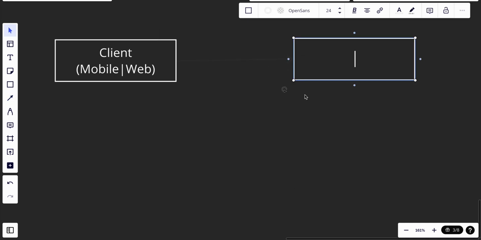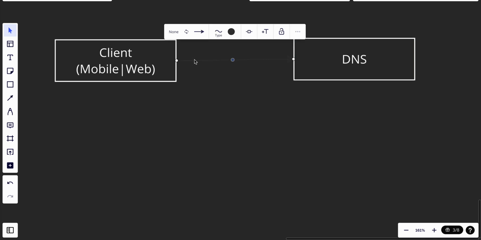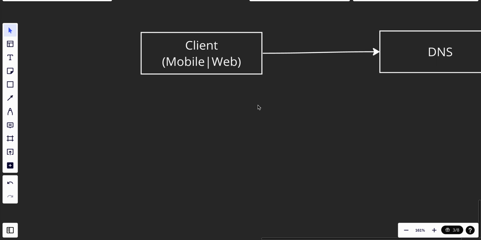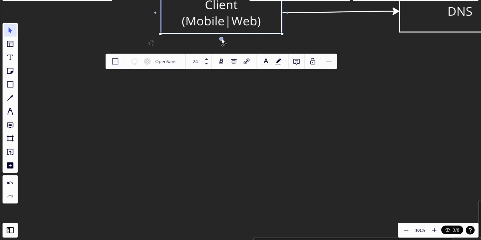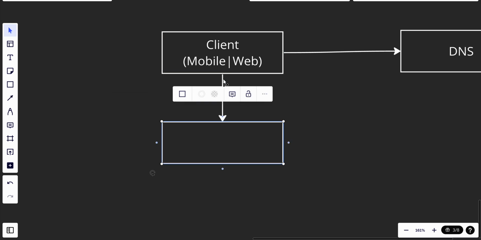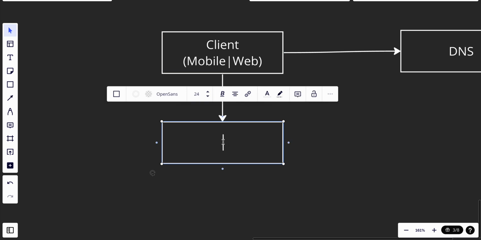it will get the IP address of our backend, our load balancer, from a DNS, domain name system, and the client will send the domain name, for example www.facebook.com, and the DNS sends the corresponding IP address for the load balancer.